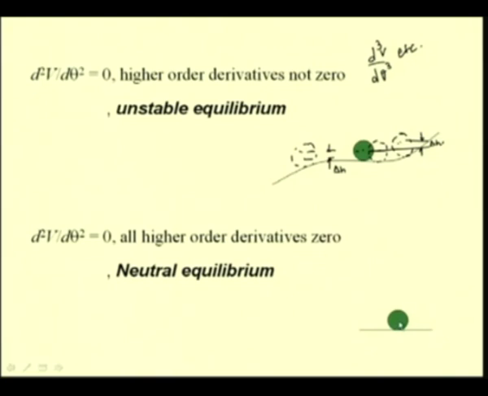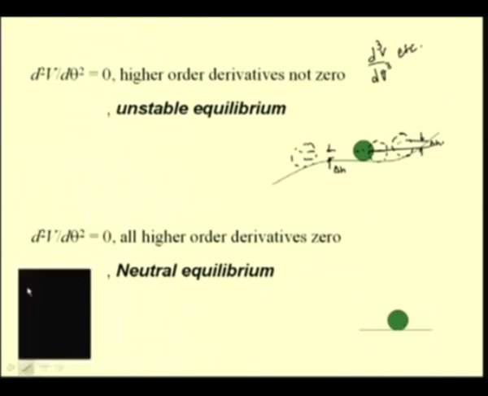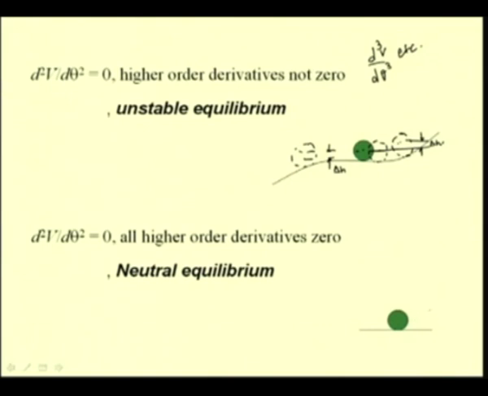So for all displacements of this sphere to any new configuration, we see that the potential energy, if this is the datum, doesn't change, and this position again is an equilibrium position.